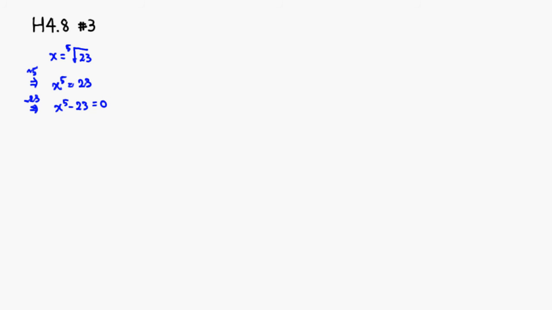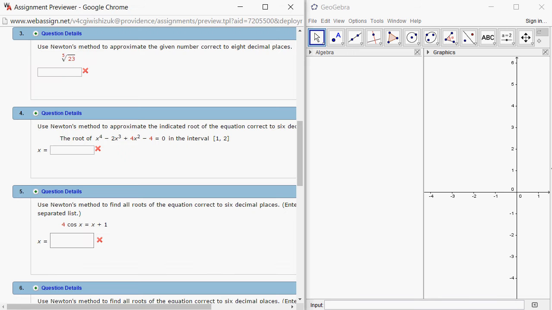I'm going to call this function f of x. Now I'm going to open up GeoGebra. The function f of x is equal to x to the fifth minus 23.